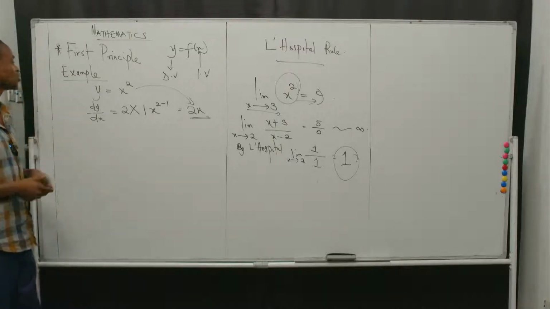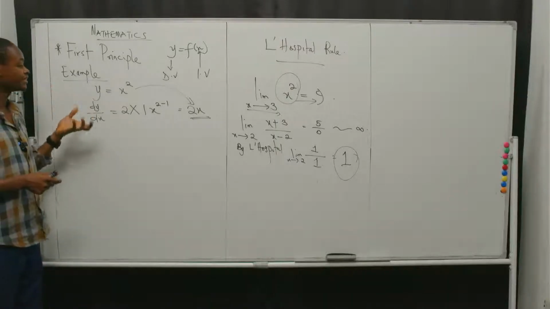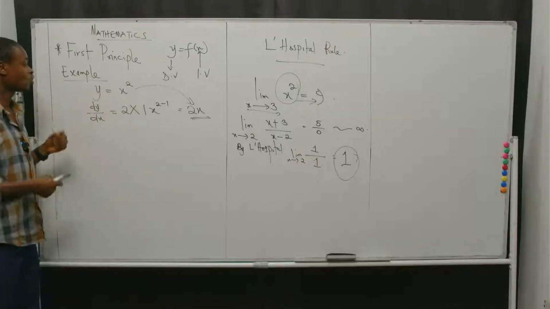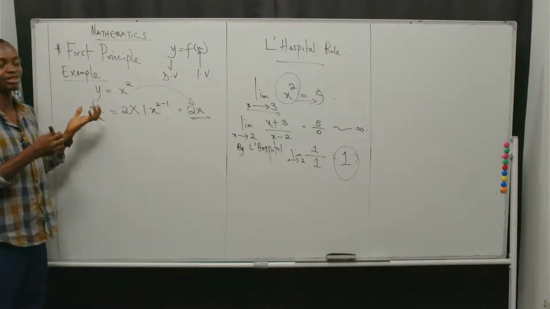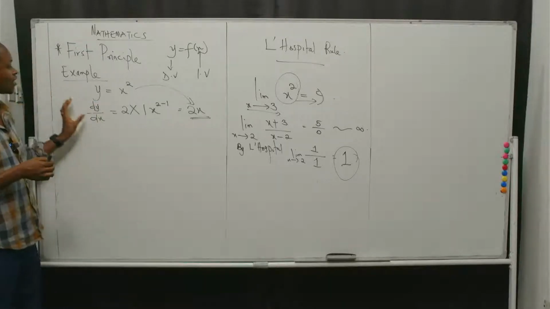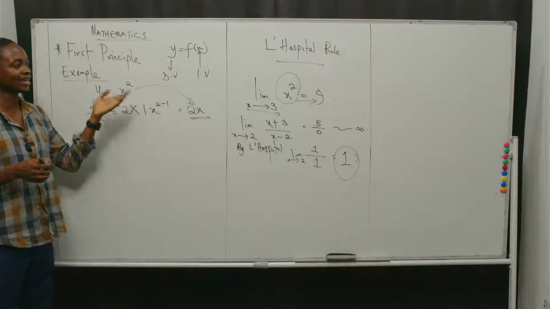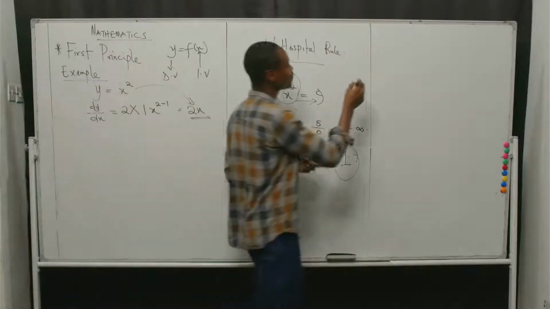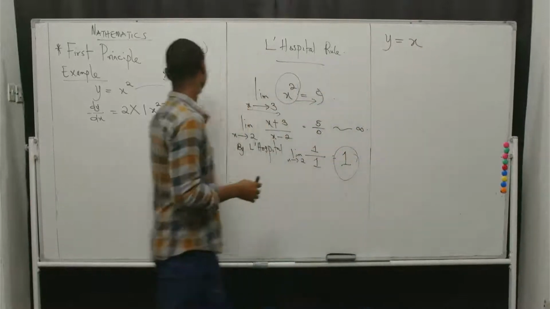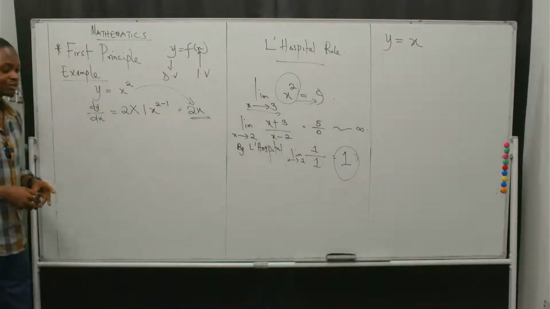So how exactly do we represent it? We represent it by utilizing the original equation. So we will take these equations and use them to explain first principle. Now we have y equal to x squared here. On this side, we would also have another one, y equal to x. So we would have these two, and then we'll try to solve them.